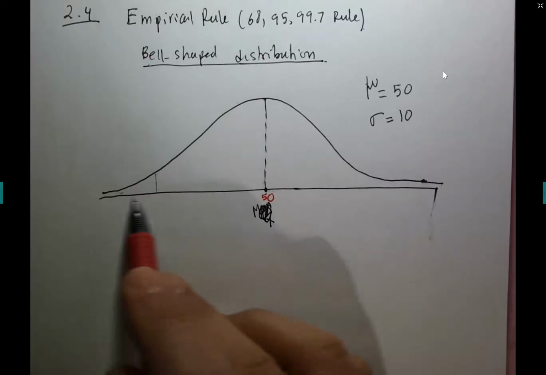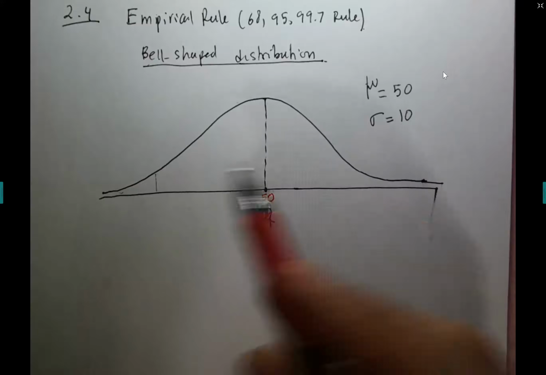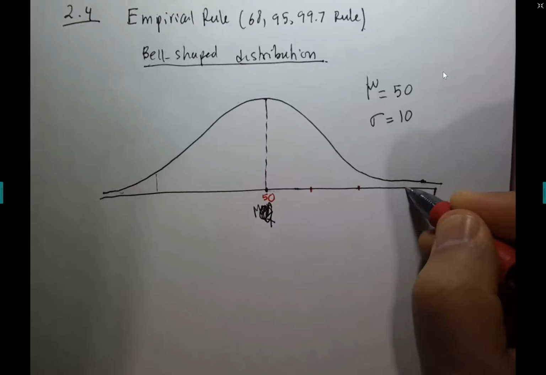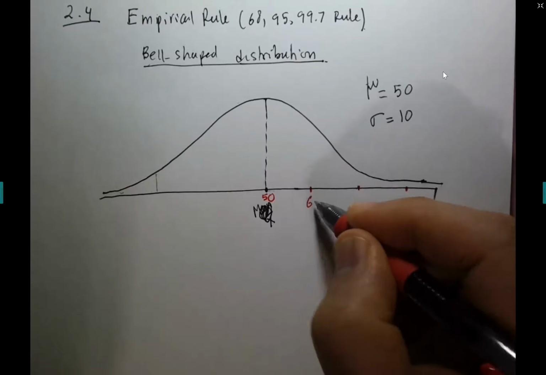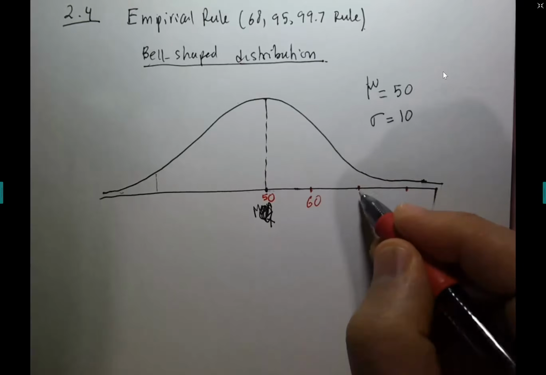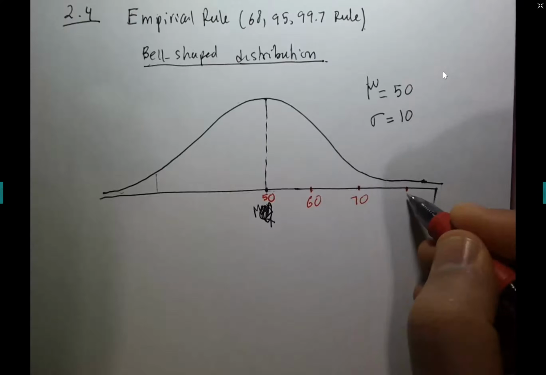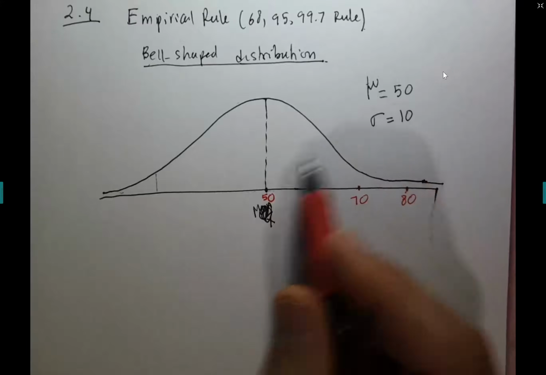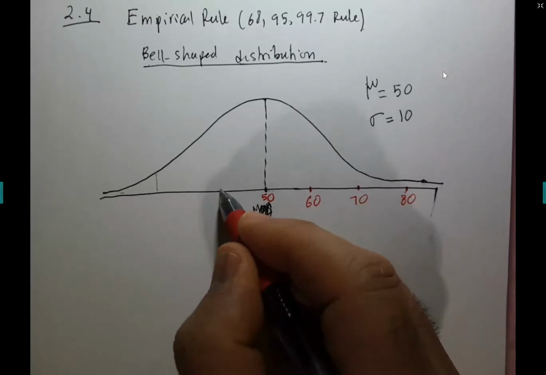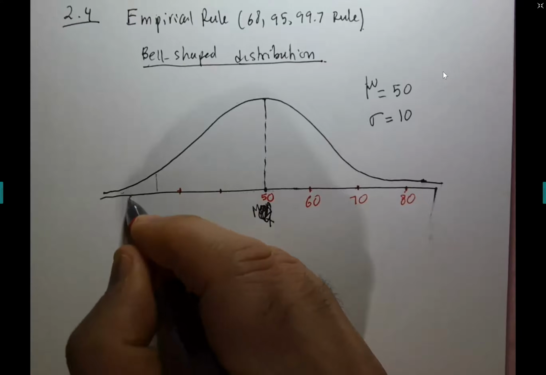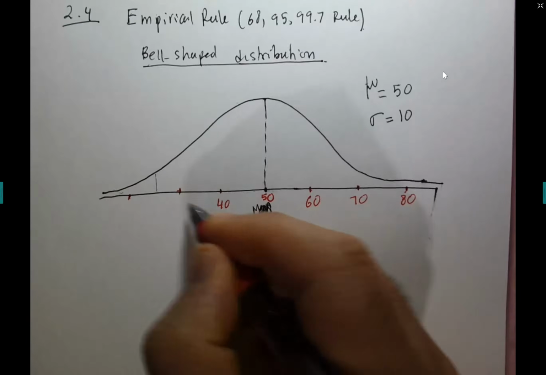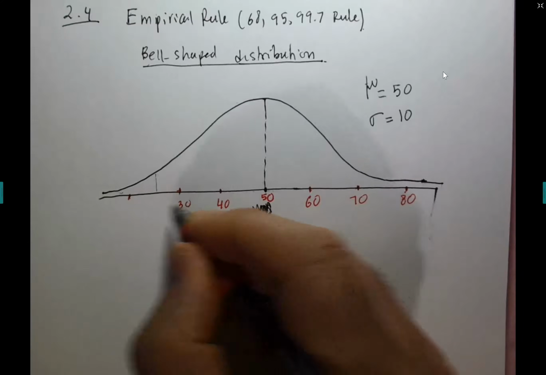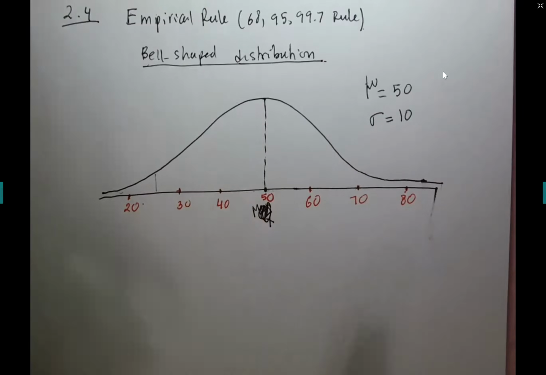When you go to the left, the values go down. Now, I'm going to split this into 3 pieces, and at 10, that's a 60, at 10, that's a 70, and at 10, that's an 80. Now on the other side, guys, I'm going to subtract them because we're going with lower values here. So that's going to be a 40. That's a 30, and that's a 20.